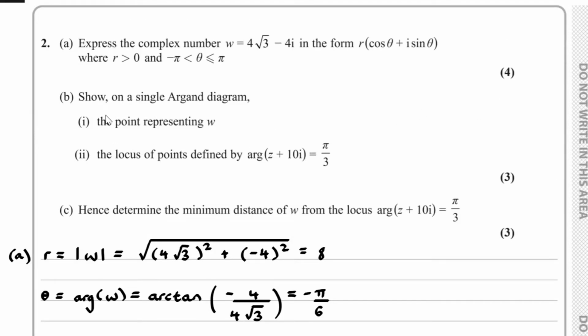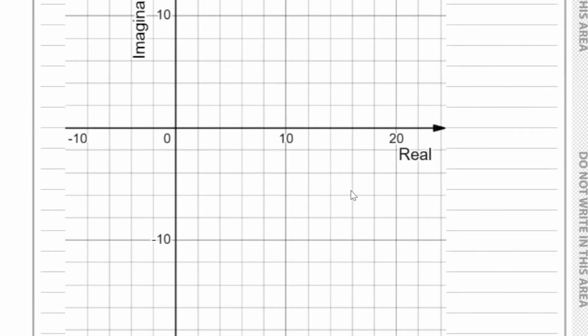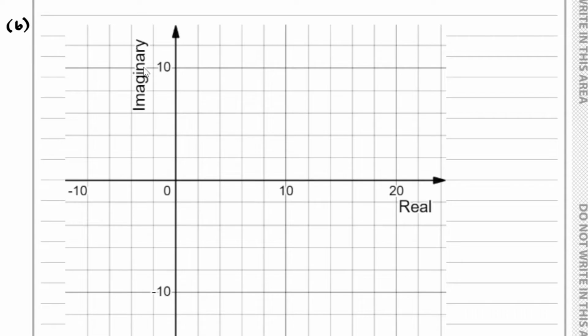Next, for part B, we have to show on a single Argand diagram the point representing w, and then the locus of points defined by the argument of z plus 10i equals pi over 3. Well, here is an Argand diagram. We've got our real axis and our imaginary axis.